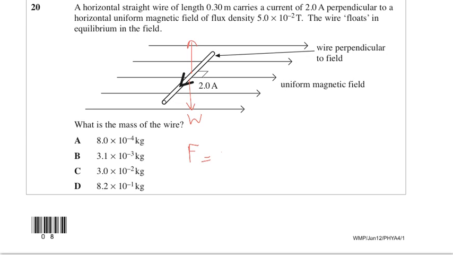So the force on it is BIL, which is 5 times 10 to the minus 2 times 2 times 0.3, 0.03, which must be equal to the weight force. So let's divide by 9.81 to get the mass, which would be 3.05 times 10 to the minus 3, so 3.1 times 10 to the minus 3.